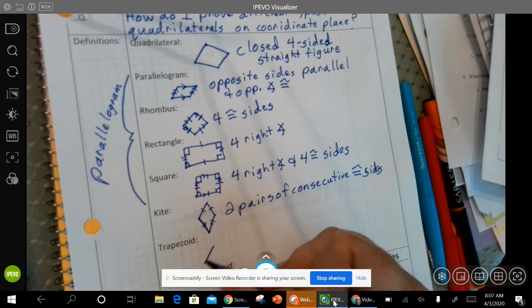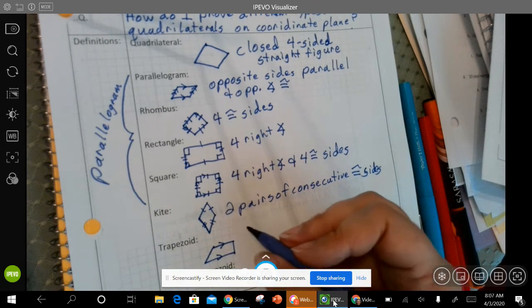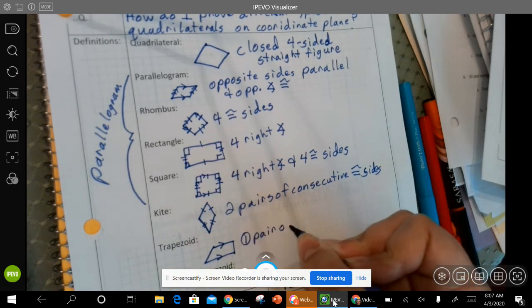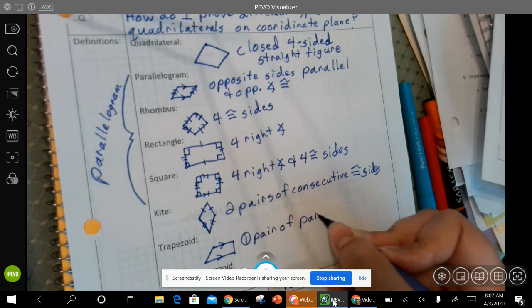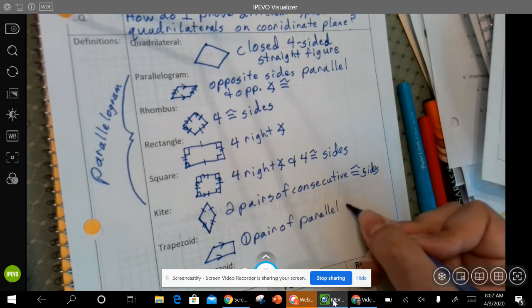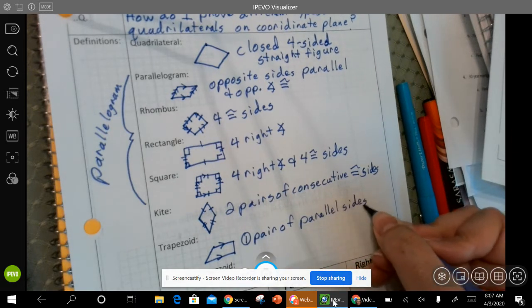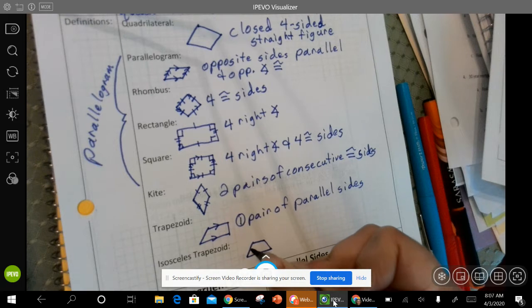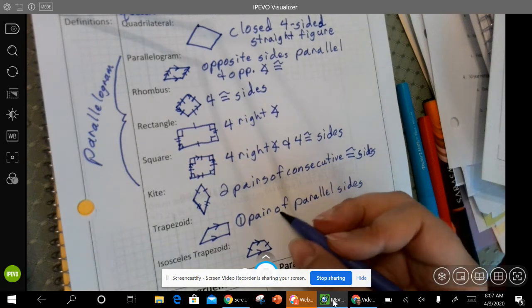A trapezoid has 1 pair of parallel sides. An isosceles trapezoid is one where the non-parallel sides are congruent, and it still has 1 pair of parallel sides.